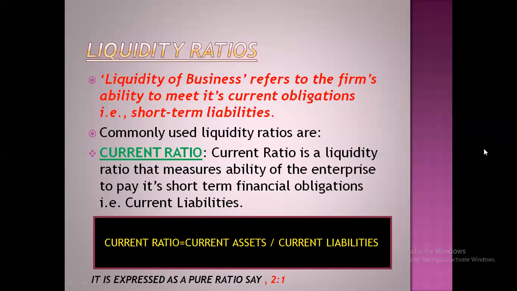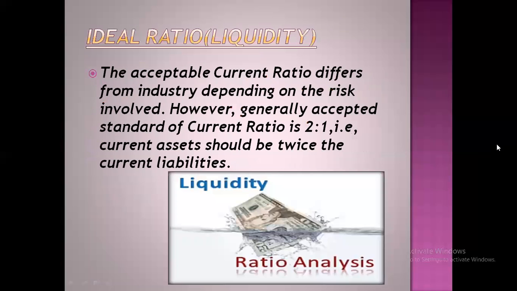It helps the enterprise to pay its short-term financial obligation, whether the firm is able to pay its short-term liabilities on time or not. It is always expressed as a pure ratio, and the ideal ratio is 2:1. The acceptable current ratio differs from industry to industry depending on the risk involved. The generally accepted accounting standard in case of current ratio is 2:1.